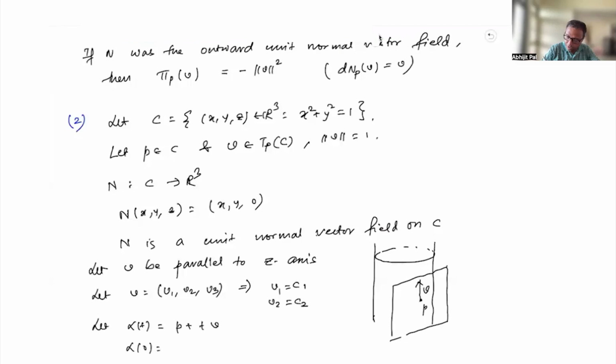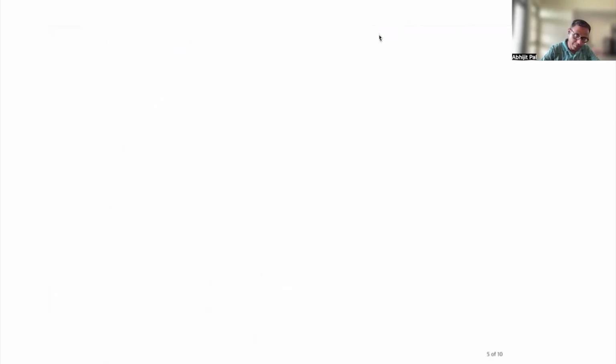So alpha 0 is equal to P, and alpha dot 0 is equal to B. Now, if I take the differential dNP of alpha dot 0, this will be equal to limit t tends to 0 of n alpha t minus n alpha 0 whole divided by t.